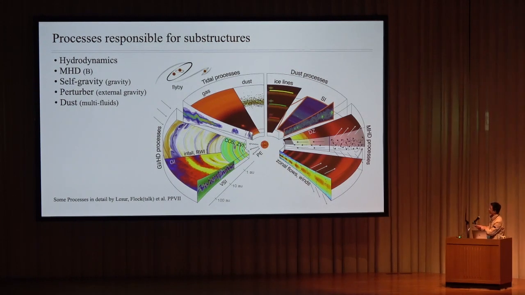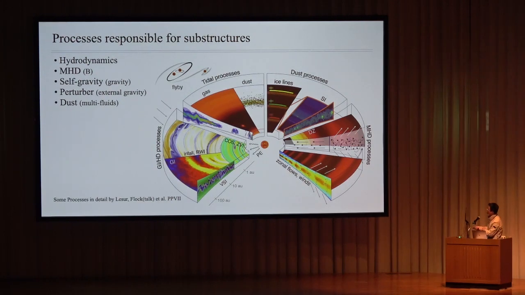You have hydrodynamic processes, and then you could add magnetic field, one of the fundamental forces in nature, or you could invoke another fundamental force like gravity, and the gravity could come from the disk itself, or it could come from an external perturber. And since we observe the dust most of the time, you could invoke some dust-gas multifluid physics inside. So I'll quickly go over all of these 5 categories and just highlight where they will operate and what features they will produce.